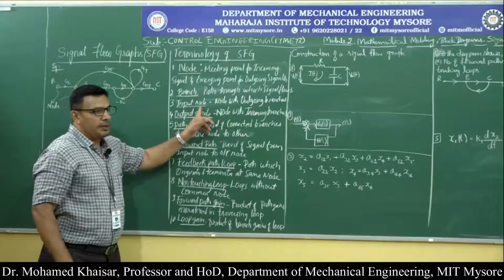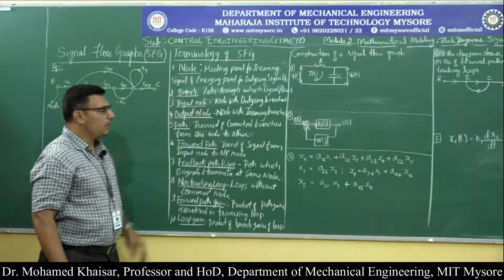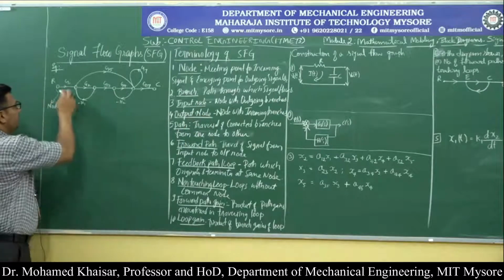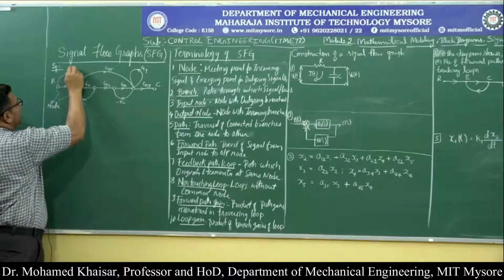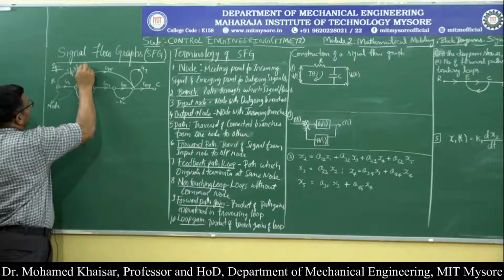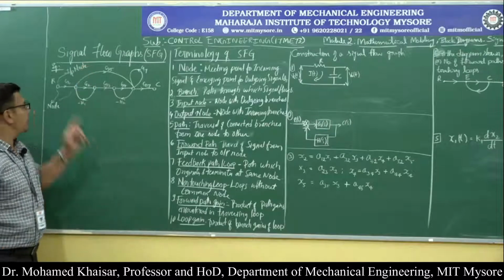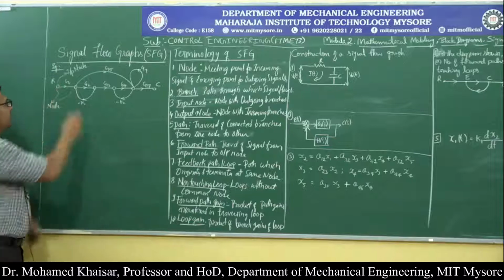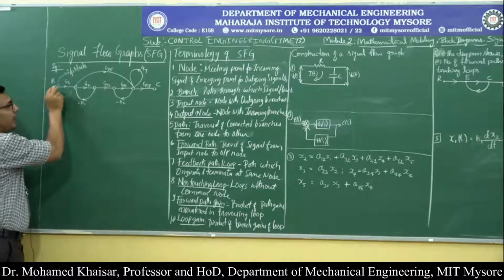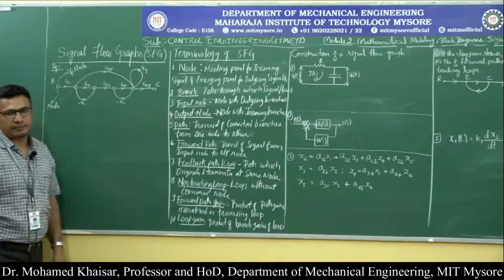Then the third terminology is the input node. What is the input node? If you observe over here, this is termed the input node. The moment you look at this node, you will understand it has only outgoing branches.